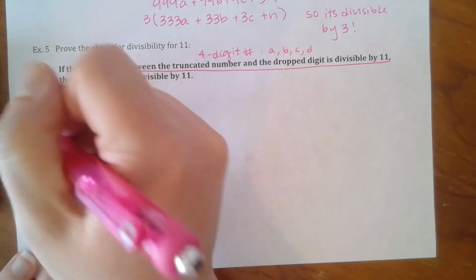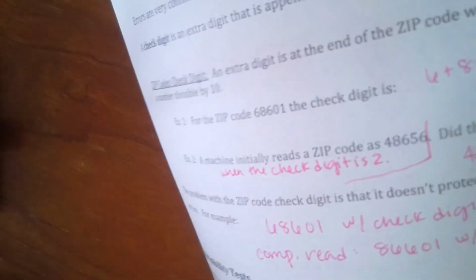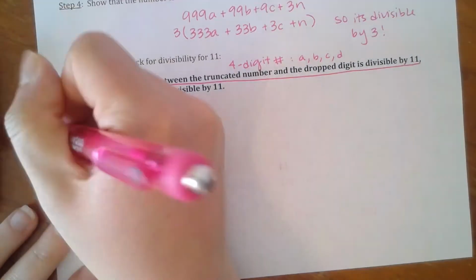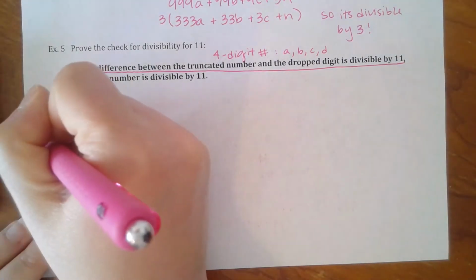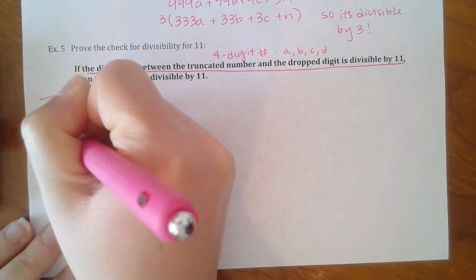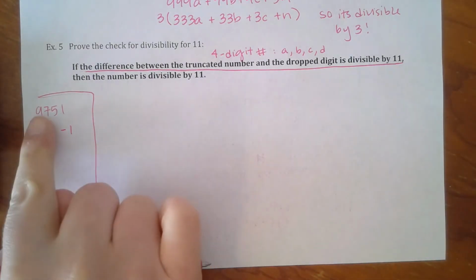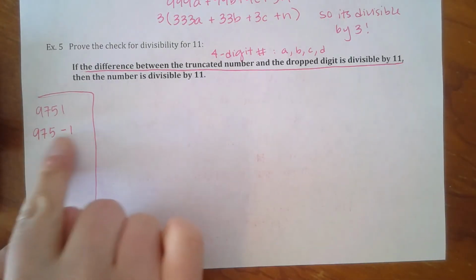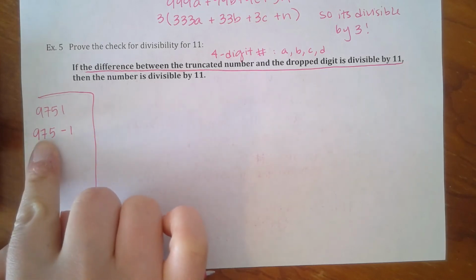And how I would do this is, if my number is 9751, to check this divisibility I would drop the last digit and subtract it off. So that's what I want to represent. I'm taking this number and representing it this way. This thousands place now becomes the hundreds place.